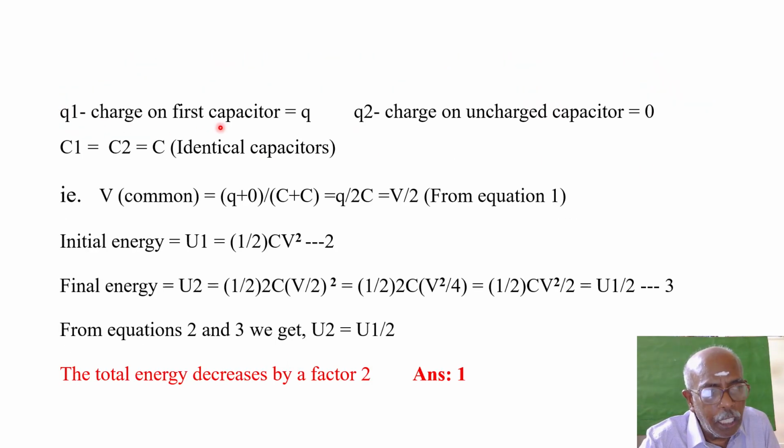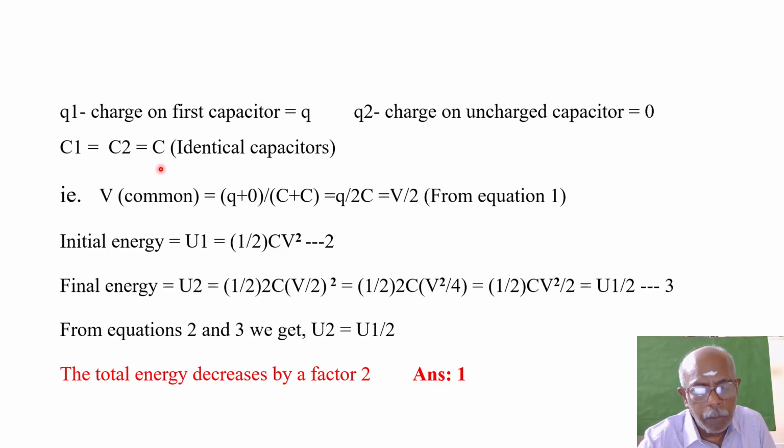Q1, the charge on the first capacitor, is Q, as already told. Q2, the charge on the uncharged capacitor, is 0. Moreover, C1 and C2, the capacitances of the first and second capacitors, are equal to C because it has been given that they are identical capacitors.